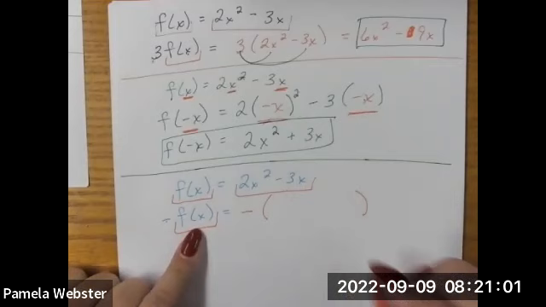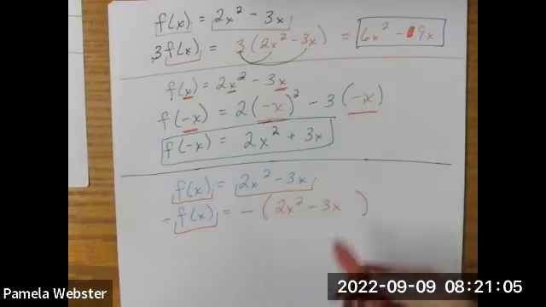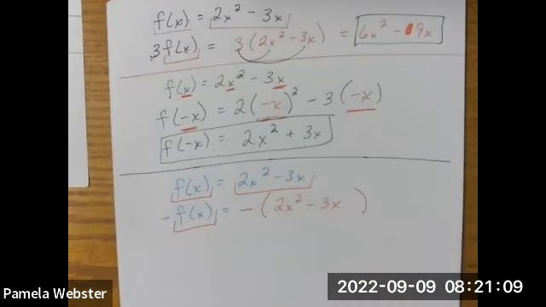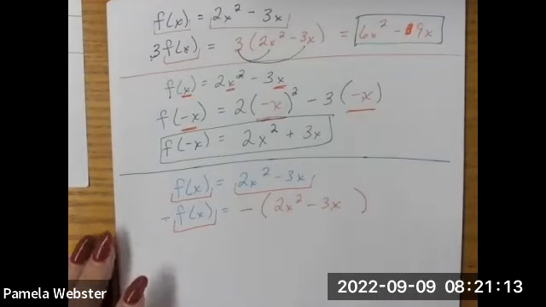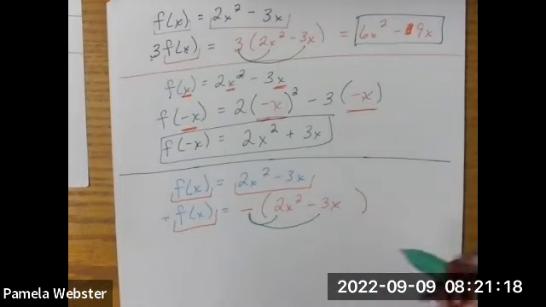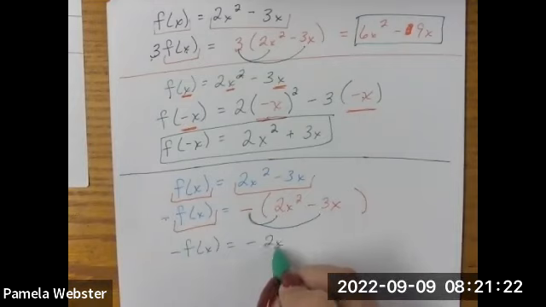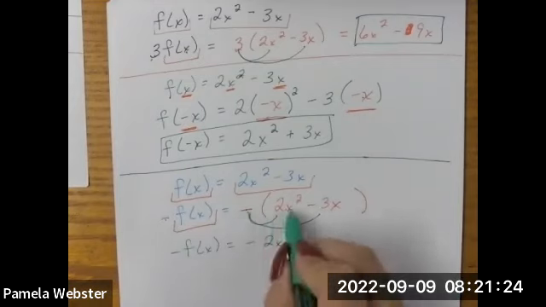So all of that f of x guy needs to be negative, the opposite of what it was before. But whenever I see that, I go, oh, stinker, I'm going to have to distribute that negative sign through. When I do that, -2x squared, and a negative times a negative becomes a positive 3x.